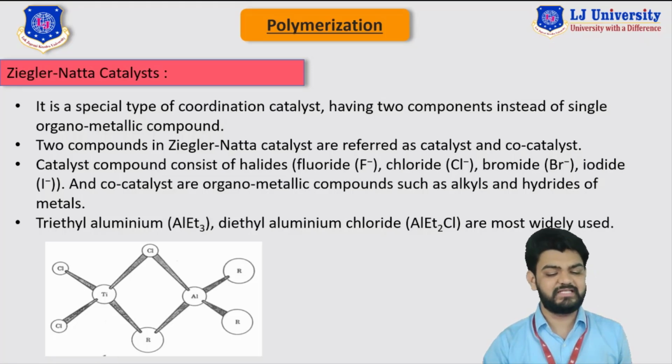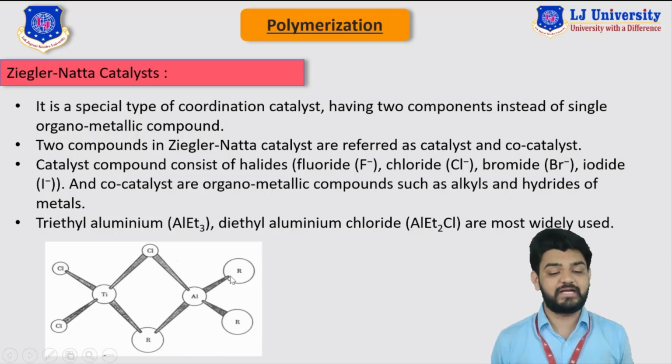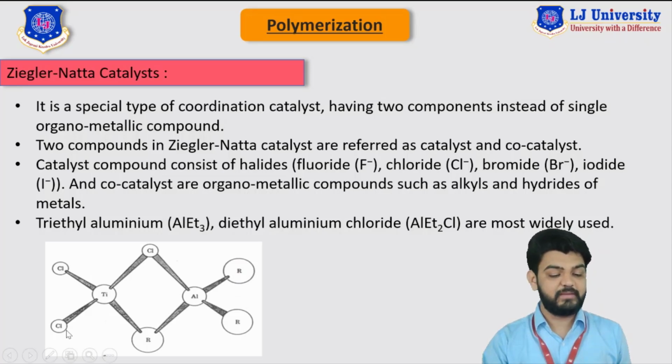You can see that this is the particular example which uses titanium as a metal, and another metal is aluminum. The rest of the things you can see represent your monomer, or we can say they represent carbon hydrogen. The remaining three spots are taken by the halide group, specifically chloride.